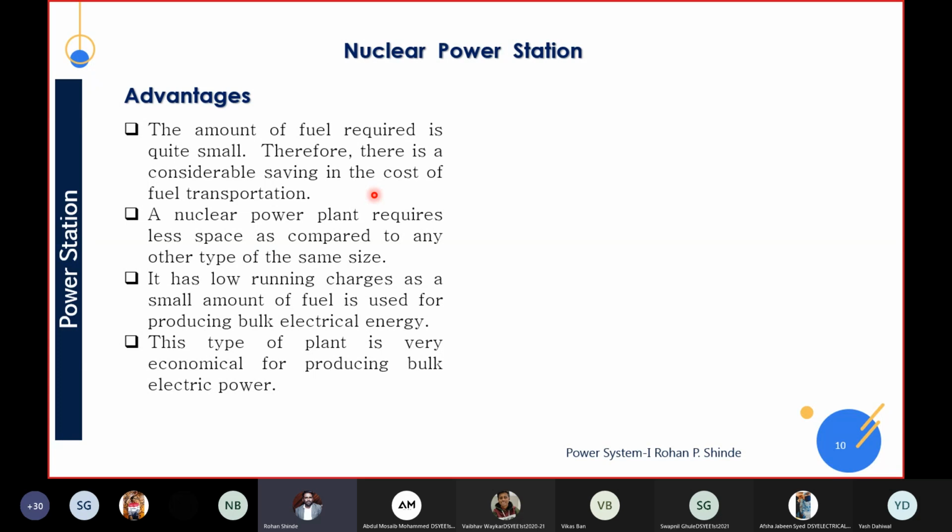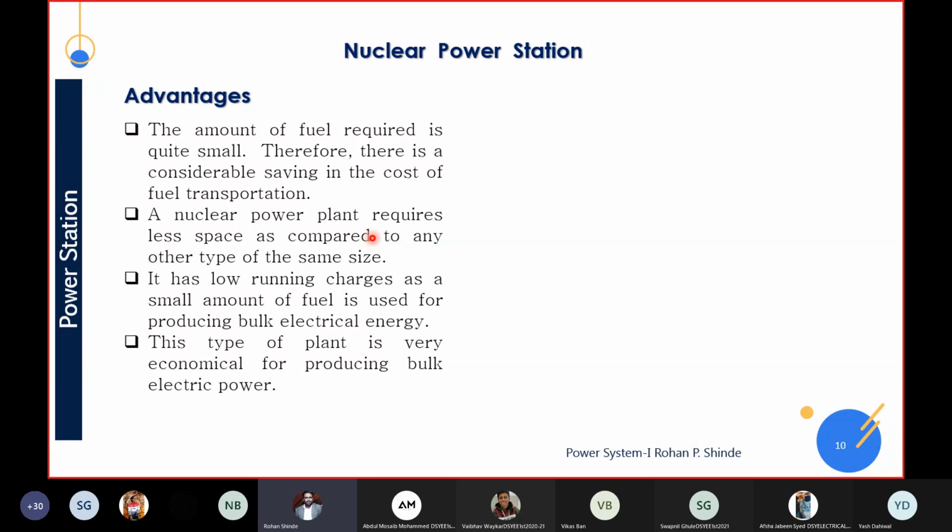Next advantage, a nuclear power plant requires less space as compared to any other type of the same size power plant. Same size of power plant means one steam turbine is having a rating, right? Suppose any power plant is having a capacity of 100 megawatt, okay, so the space required for a coal based 100 megawatt power plant is larger than for a nuclear power plant.